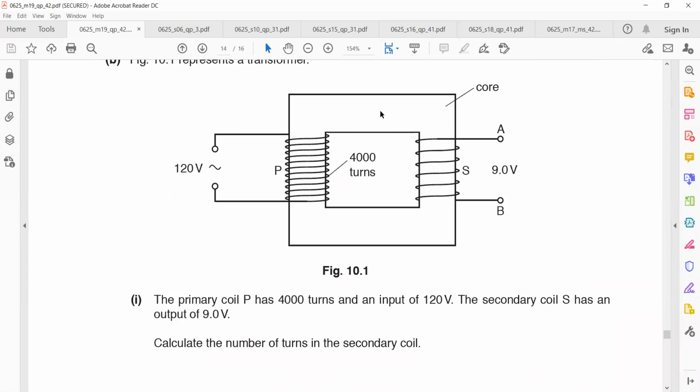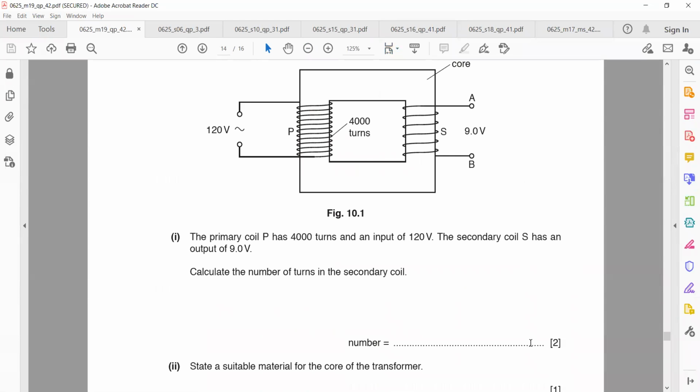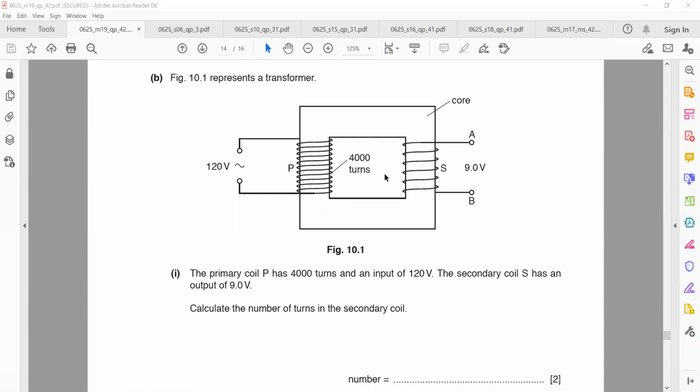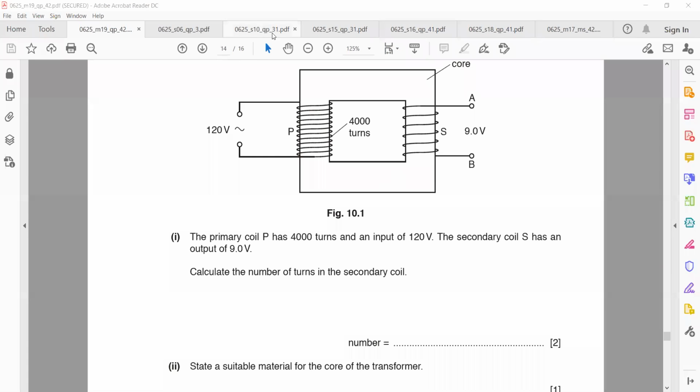The next, again you can see it's a step down transformer. A 12 volt input is there, so VP is equal to 12. VS is equal to 9. Number of turns of primary 4,000.